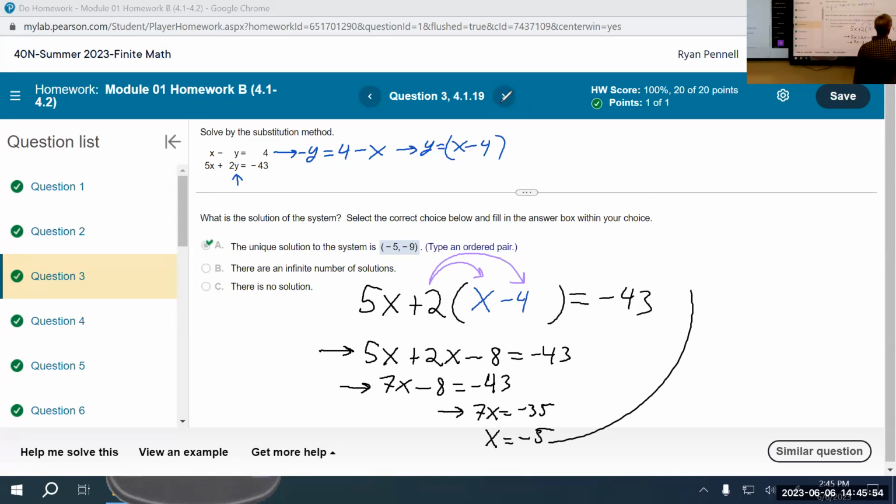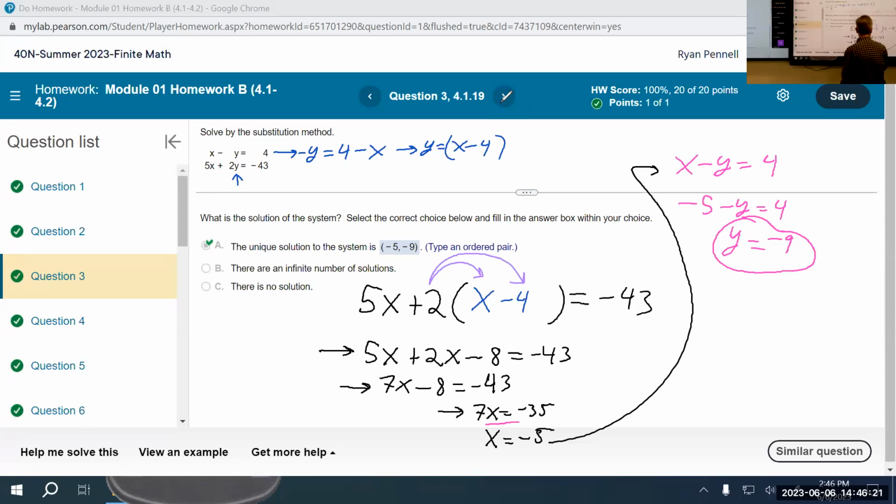Let's go back up. So we had x minus y equals 4. We think x equals -5. Y must equal -9. And that's using substitution method.